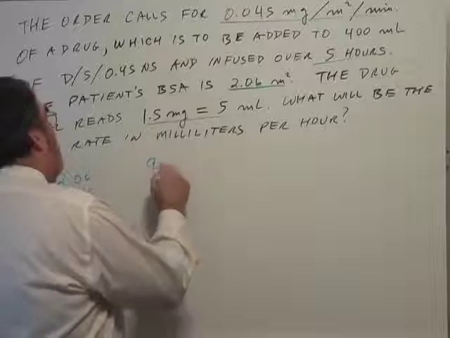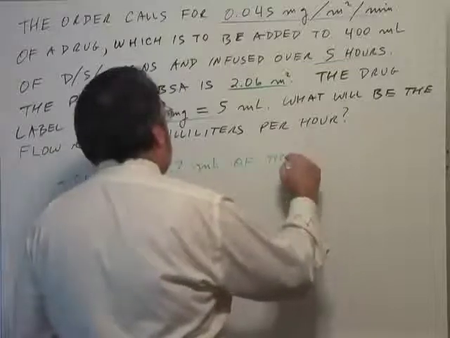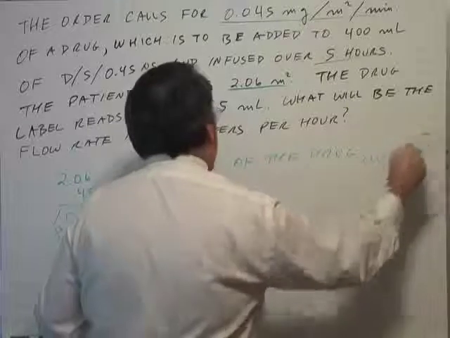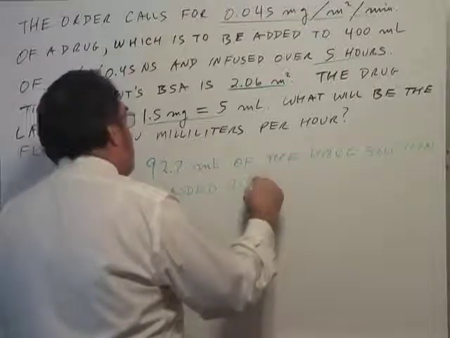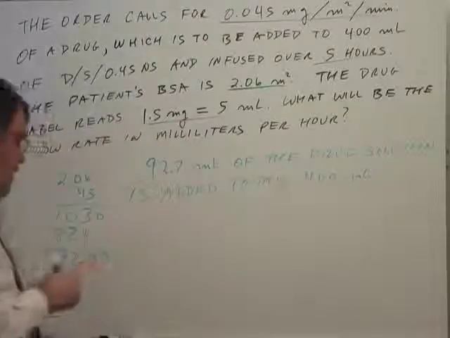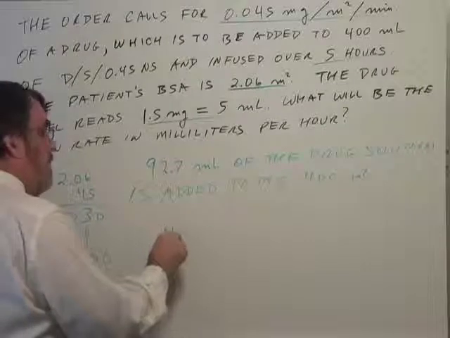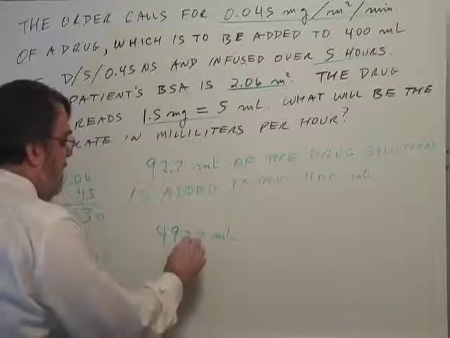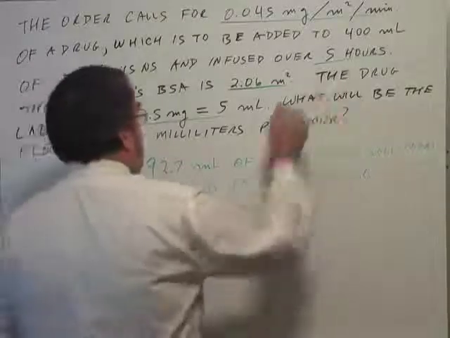So 92.7 milliliters of the drug solution is added to the 400 milliliters. There we go. So we have a total now of 492.7 milliliters of liquid. So there's your total liquid, and it's being infused in 5 hours.